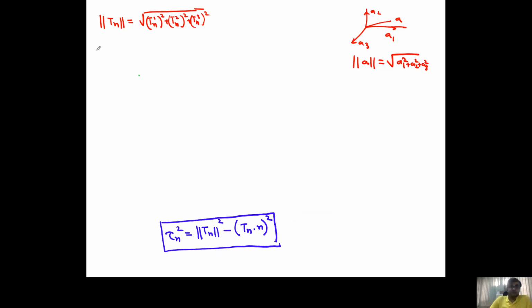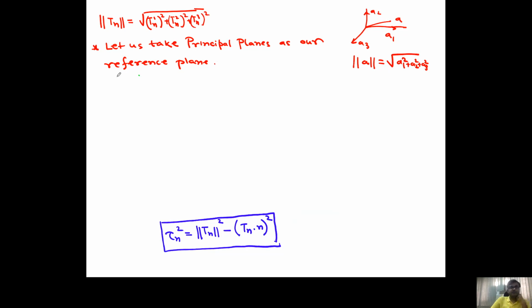Now we will do one thing here. Let us take principal planes as our reference plane. So instead of taking an arbitrary plane, we are going to take the principal plane as our reference plane.